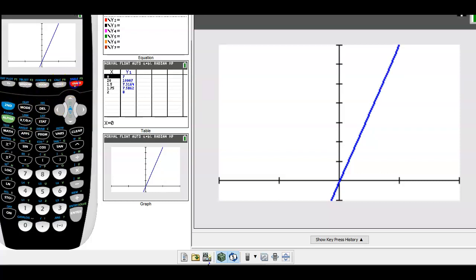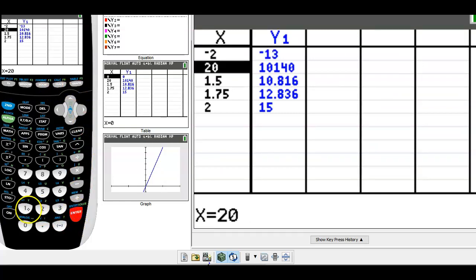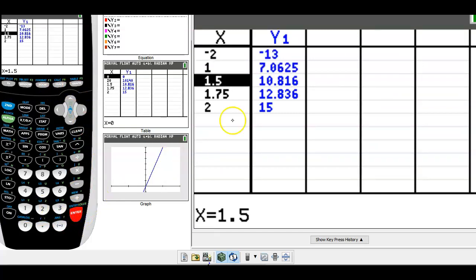Alright, let's see here real quick. I need negative 2 and 1. And that's going to be negative 13, 7.0625.